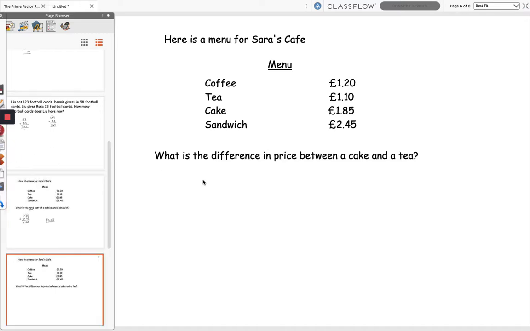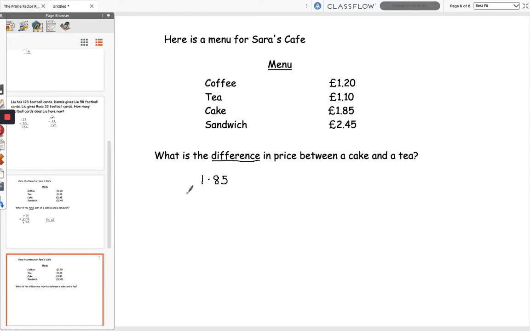So we've got the same menu again, and this time we're being asked what the difference in price is between a cake and a tea, and our key word here is difference, and difference is telling us that we need to subtract. So a cake is £1.85 and a tea is £1.10. So the cake costs more, so I'm going to put the price of the cake at the top of my subtraction.